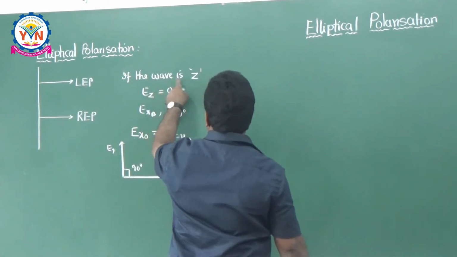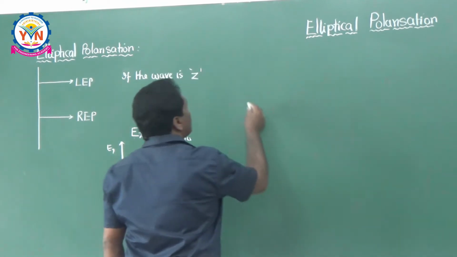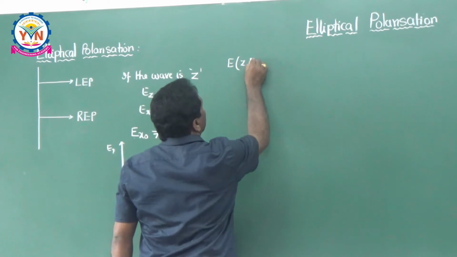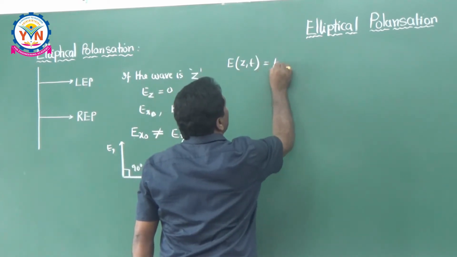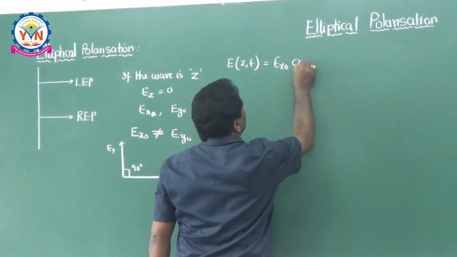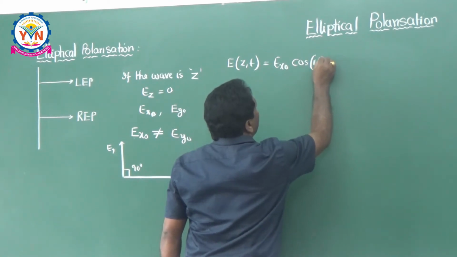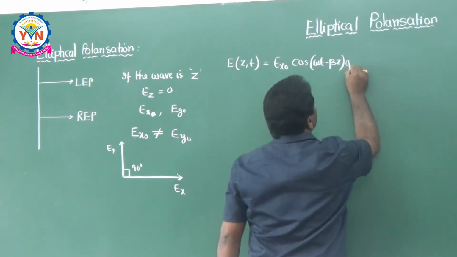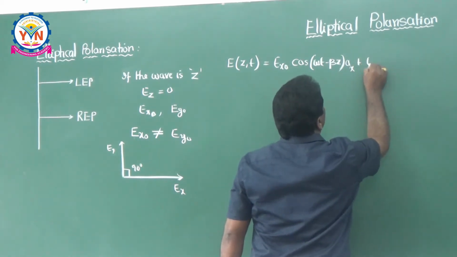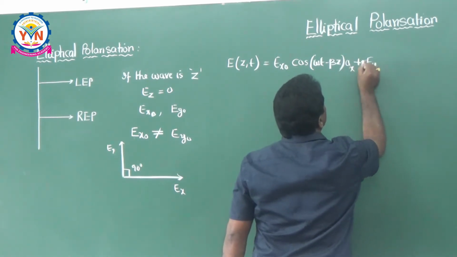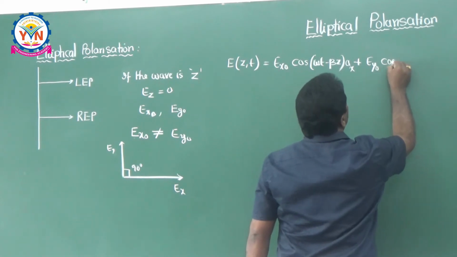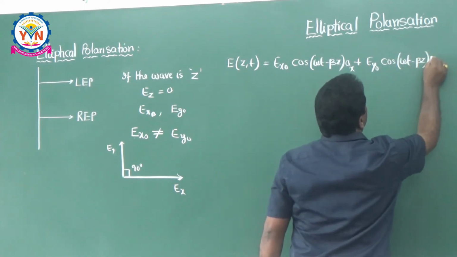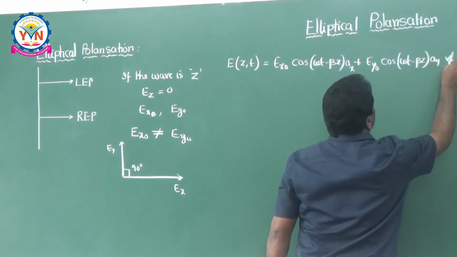Whenever the wave is propagating in the z direction, once again I can write E of z comma t is equal to Ex naught into cos of omega t minus beta z into Ax plus Ey naught into cos of omega t minus beta z into Ay volt per meter.